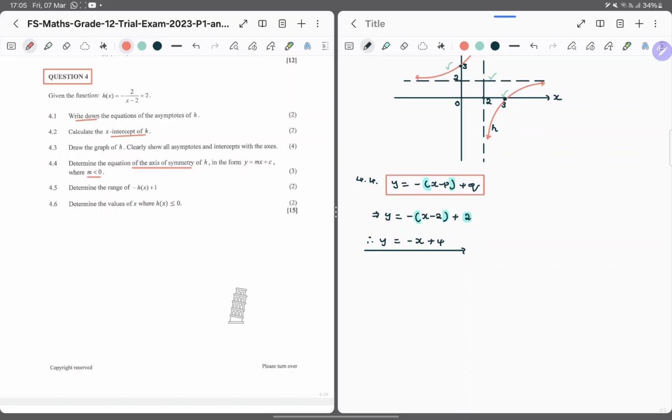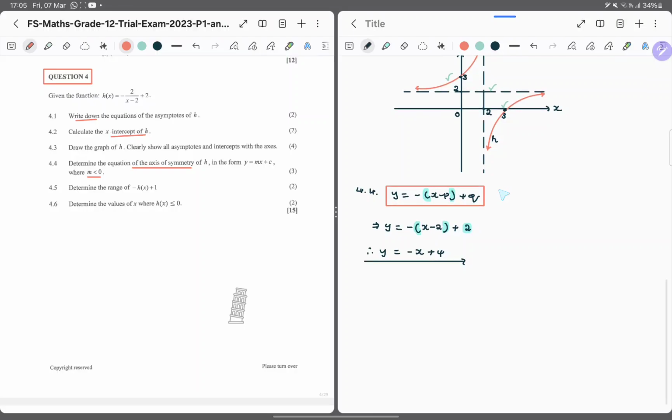But at the same time, we also know that one could also sort it out this way and say y is equal to minus x plus c, because we know the gradient is always minus 1.